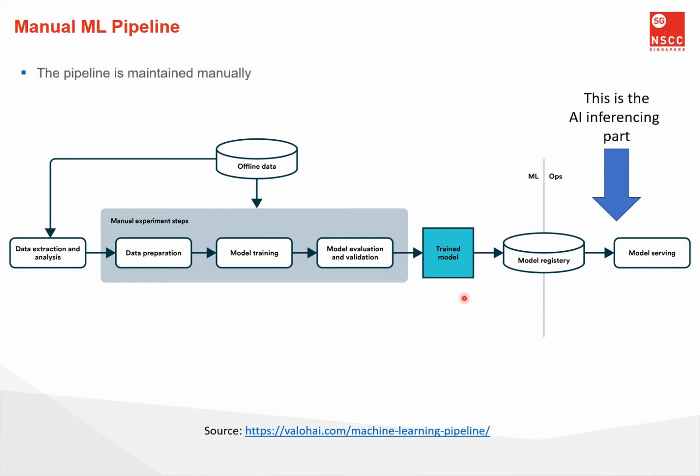After the model has been trained and stored, we can pull this model out from the model registry, or the model store, and then we can use it with new data and serve out the predictions, what we call AI inferencing or model serving. We will talk in more detail about this as we go along, but this is the process that we can use to create the model manually.